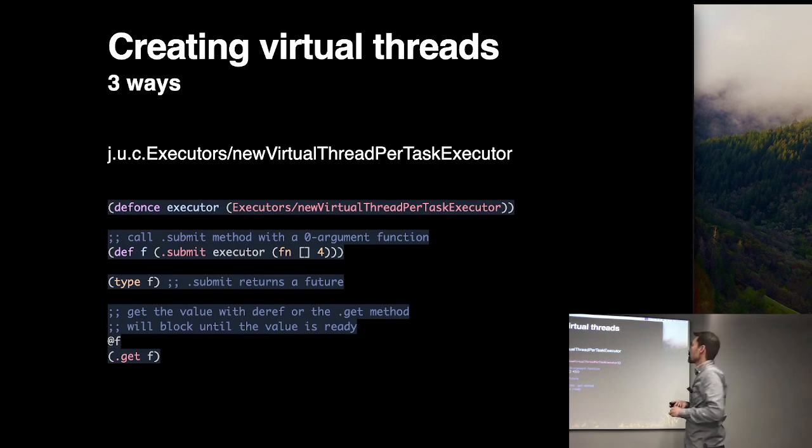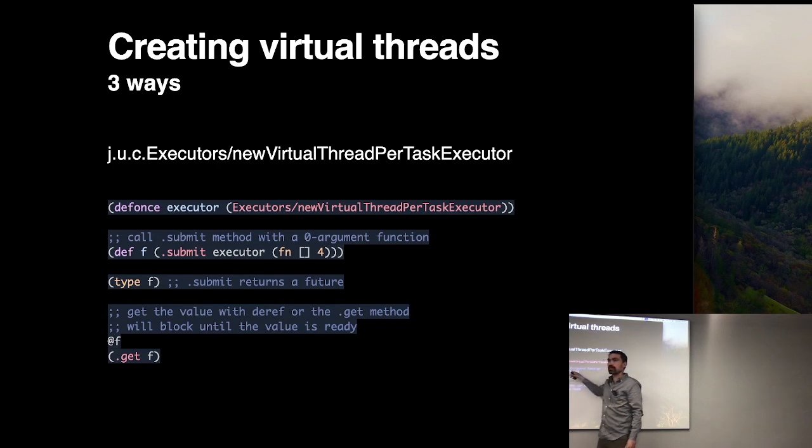All right, practical things. There are 3 ways to create virtual threads, according to the docs. There's an Executors instance called newVirtualThreadPerTaskExecutor, in java.util.concurrent. You create one, so that's what I'm doing here. I'm just defing it here. Then you call submit and pass it a Runnable, just like a regular thread would take a Runnable.